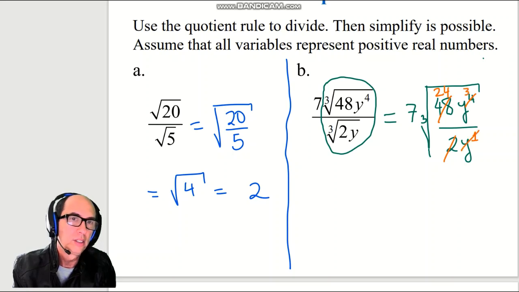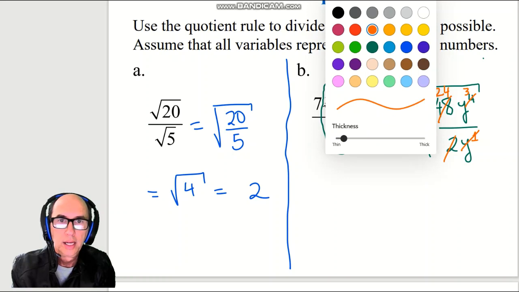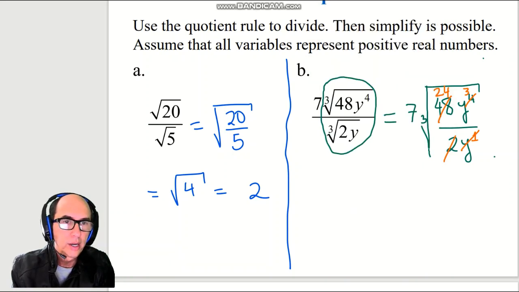And the power here is going to be a 3. Nice, we managed to cancel out the denominator, and then we have 7 cube root of 24 times y to the power of 3.